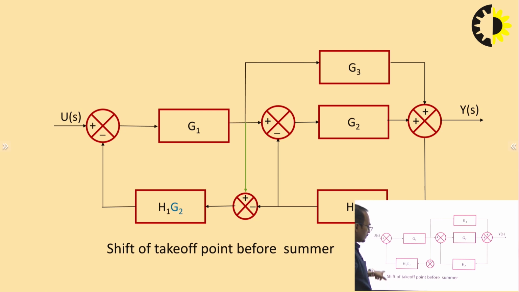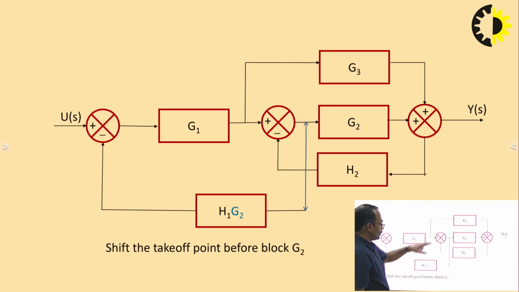Now I have shifted the takeoff point before the summing point. So you can see here this summer has been split. I have shifted this takeoff point before the summer, so this takeoff point is connected with this.